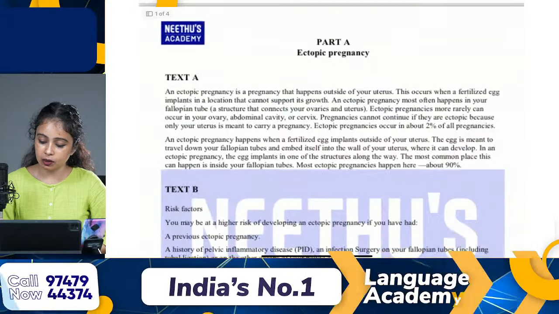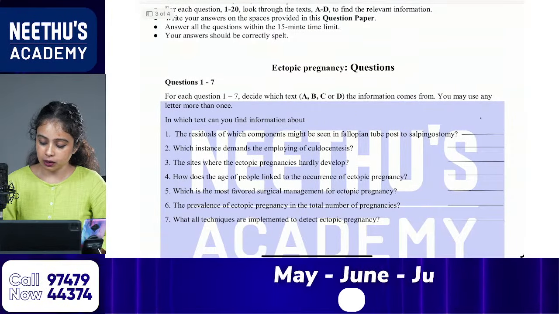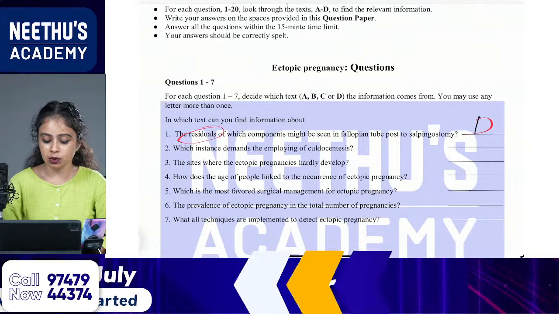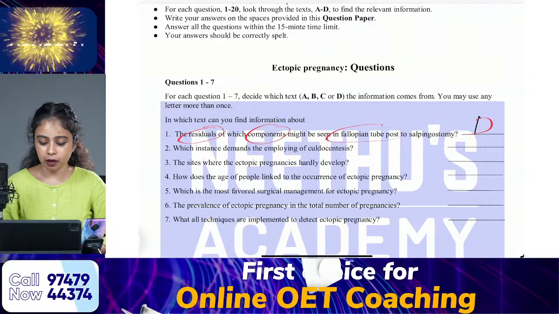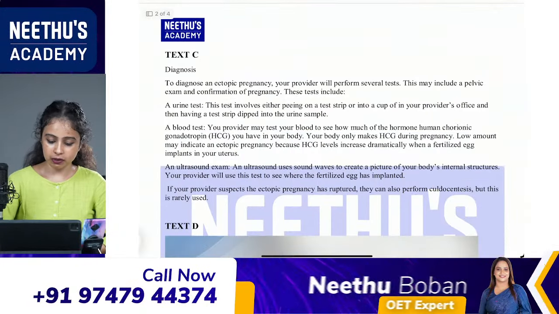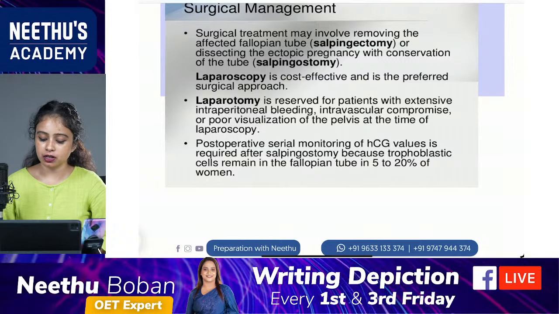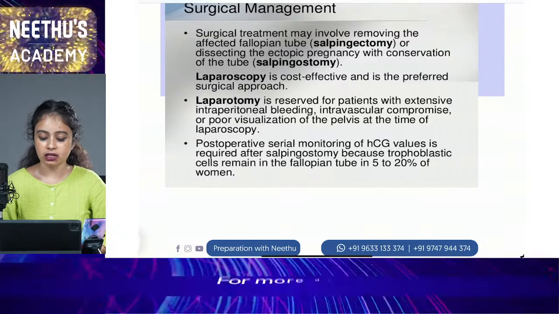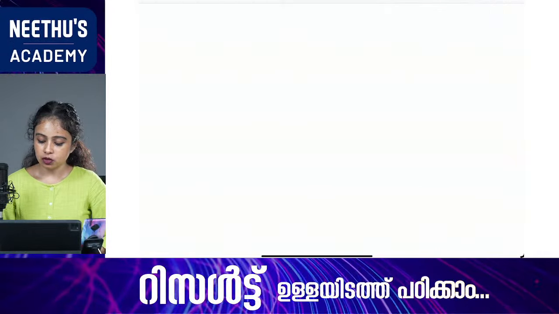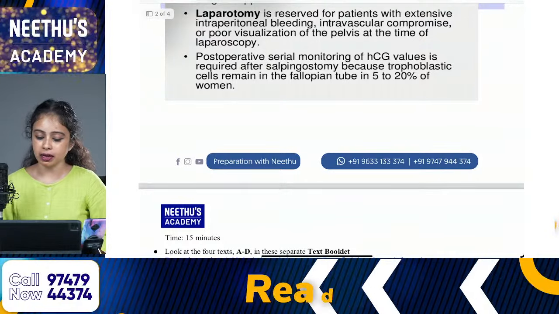My second question is, where is it mentioned in text D regarding the residuals, components as well as fallopian tube? So I'm taking text D. It's all about the post-operative serial monitoring of HCG values, which is required after this particular surgery because trophoblastic cells remain in the fallopian tube.